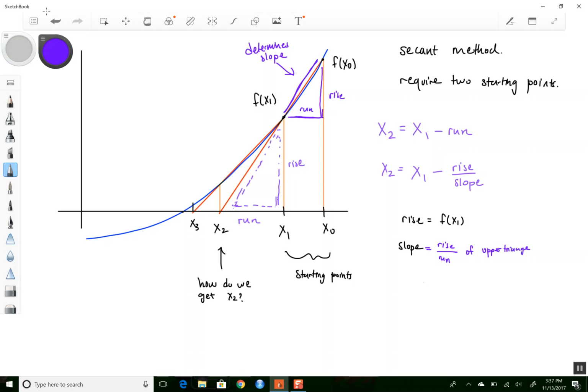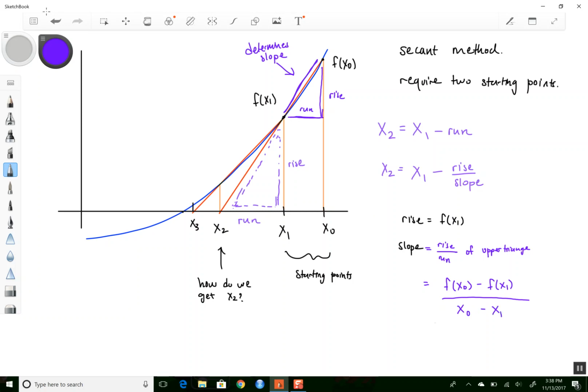So what is the rise of this top triangle? It's the difference between f of x0 and f of x1, so f of x0 minus f of x1. And what's the run? It's the difference between x0 and x1, x0 minus x1.